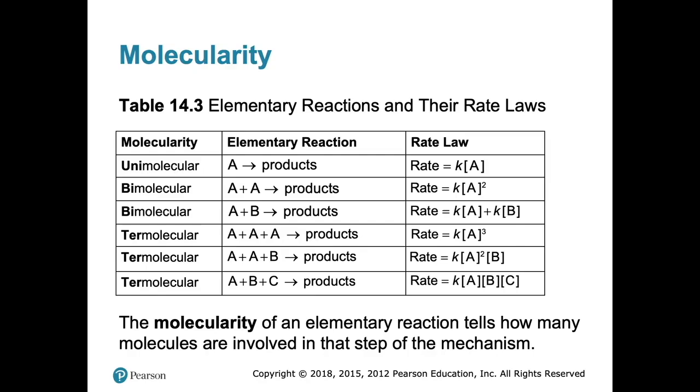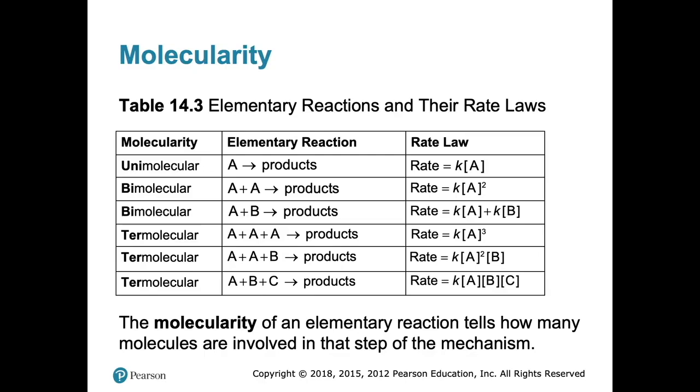Back to the termolecular reactions. The termolecular reactions all have third order rates, because there are three reactants, number one. But notice also for the termolecular with two of the same and one different, overall it's a third order reaction. And A plus B plus C is also a third order reaction overall.